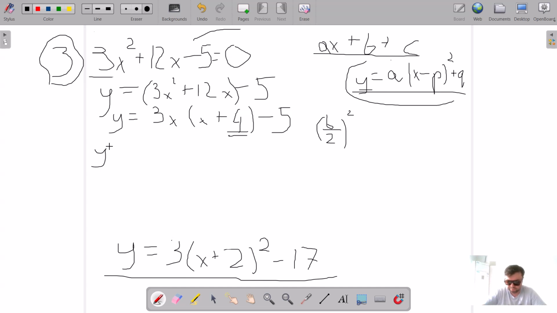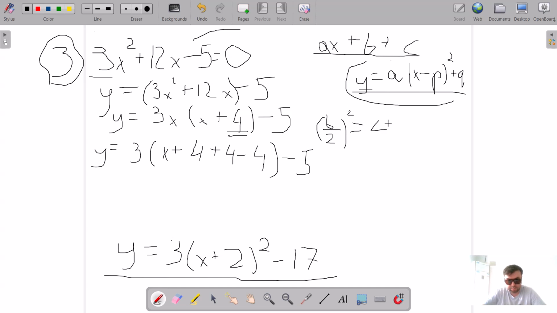y equals 3x plus 4 plus 4 again and minus 4, and then minus 5, because b divided by 2 squared equals 4.